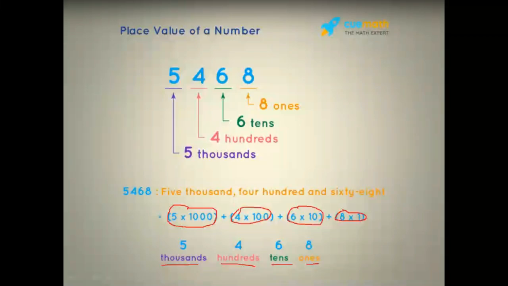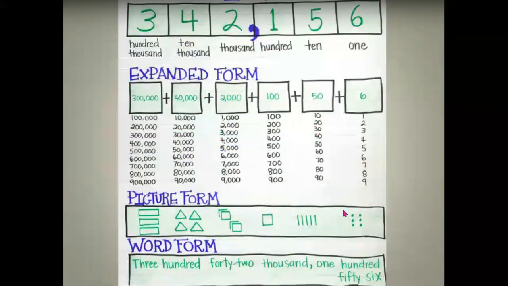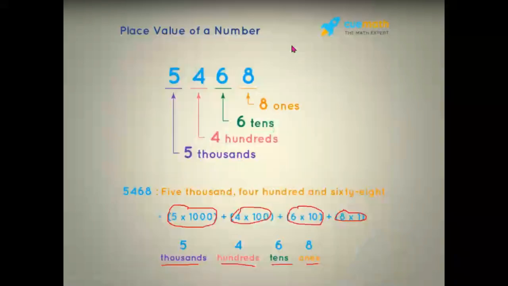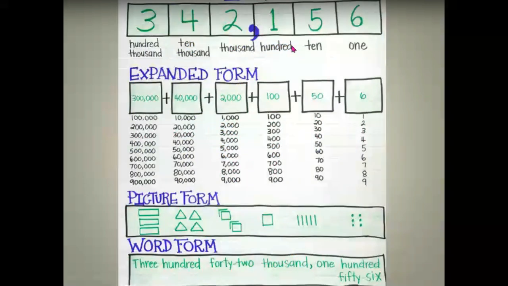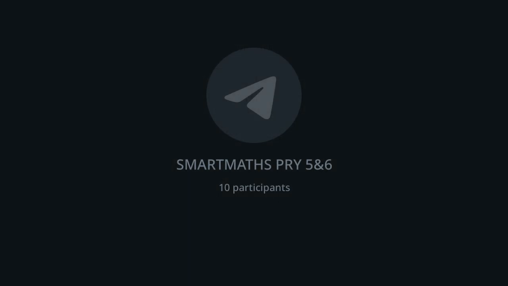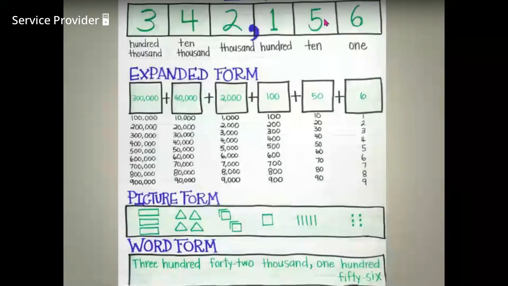Now, progressing. Writing in expanded form, you might be asked to write numbers in expanded form. 342,156, which is 300,000, 40,000, 2,000. It's just not different from the way I've done this one. It's just a continuation. Now, when you are writing this number in word form, because I said earlier, by extension, we'll be writing numbers in figures and also in words.